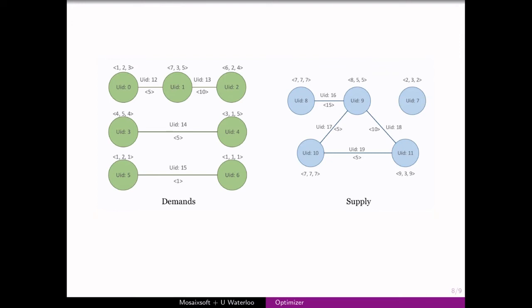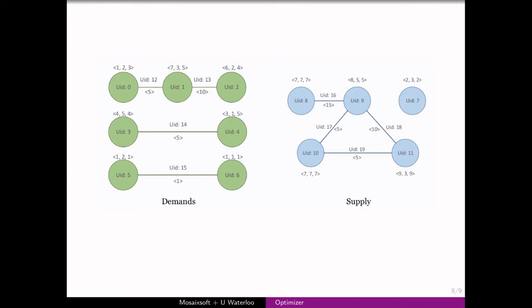So as an example, the demand node with UID 0 to the far left top corner there has a triple 1, 2, 3. We can think of this as, for example, a unit of compute, which requires 1 gigabyte of memory, 2 vCPUs, and 3 vGPUs.